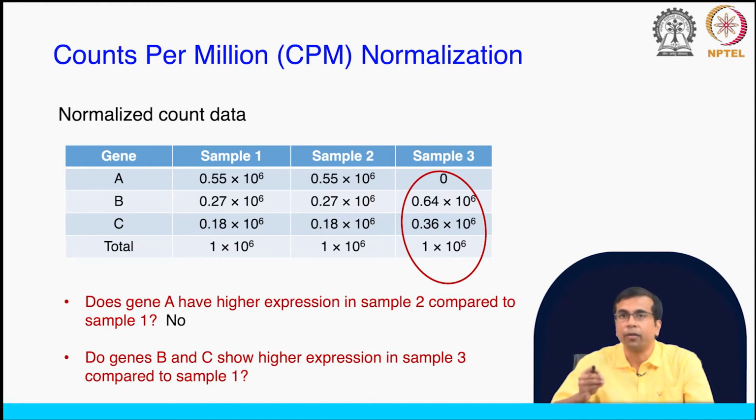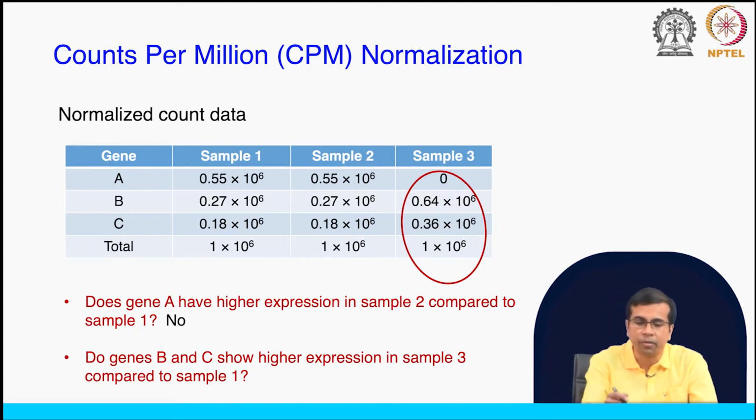Because we have not addressed this RNA composition bias, we cannot answer the second question of the two questions that I mentioned. The first question was, does gene A have higher expression in sample 2 compared to sample 1? The answer is no. As you can see, the numbers are exactly identical, because we have taken the sequencing depth into account. Now we can say that they are not different.